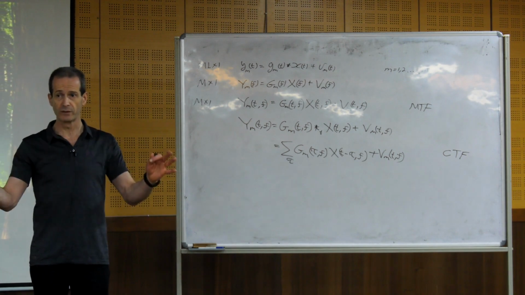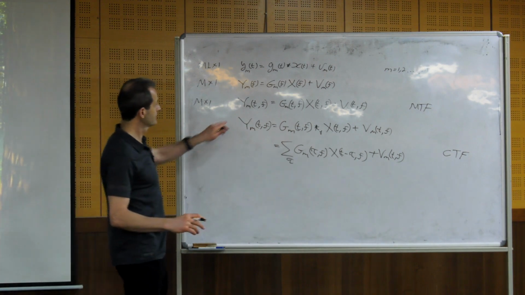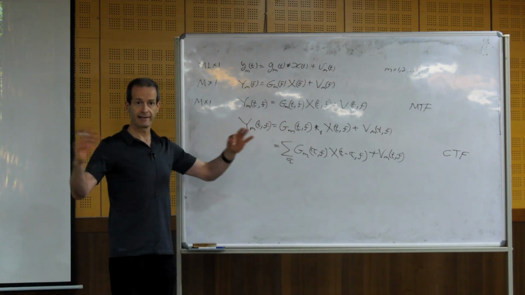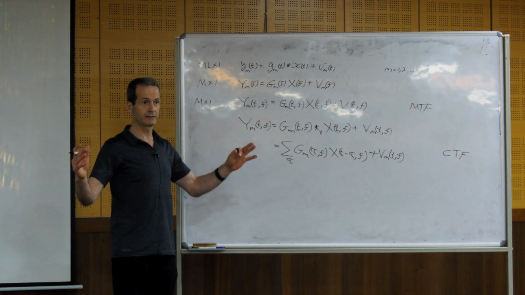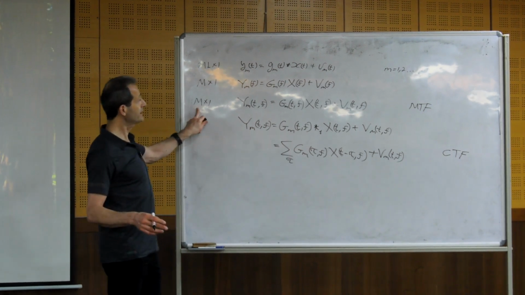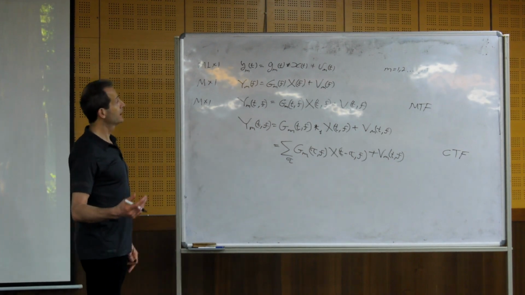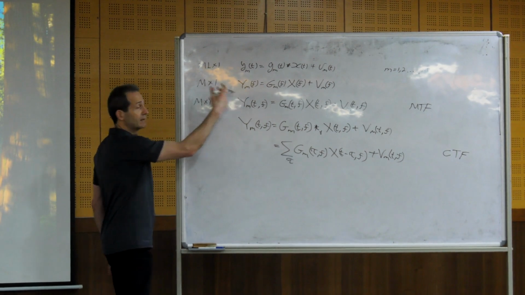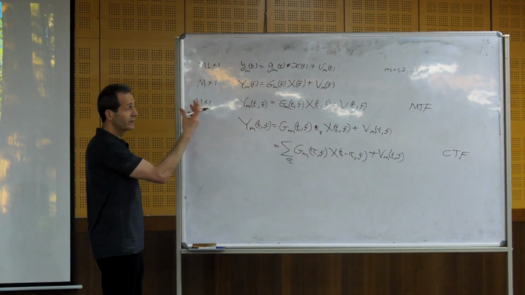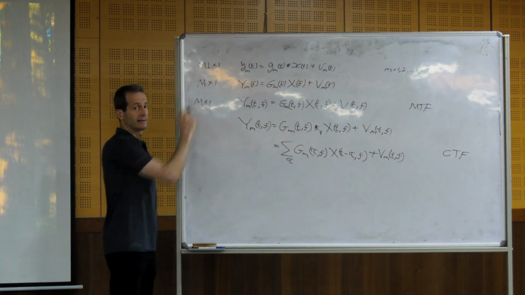If the length of the window is L, we have L frequencies, so we have L filters of length M.